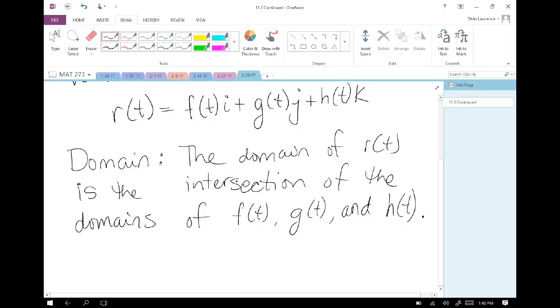So we reviewed last time the rules for finding domain, and these go all the way back to Math 171, pre-calculus algebra, finding domain of different types of functions. Radical functions, rational functions, logarithmic functions, things like that. Basically what we're looking for are problems.